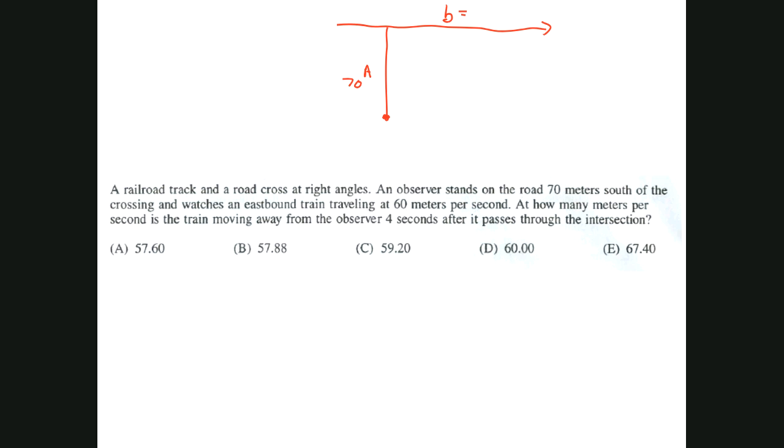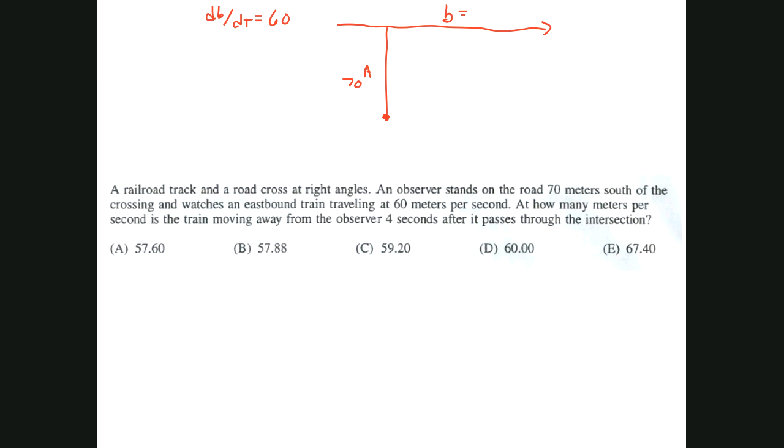So what did they just give me? They didn't give me B, because this is how fast it's moving. Anytime you're talking about something moving, that's usually a rate, and a rate is a derivative. So they really gave me dB dt. That was 60.